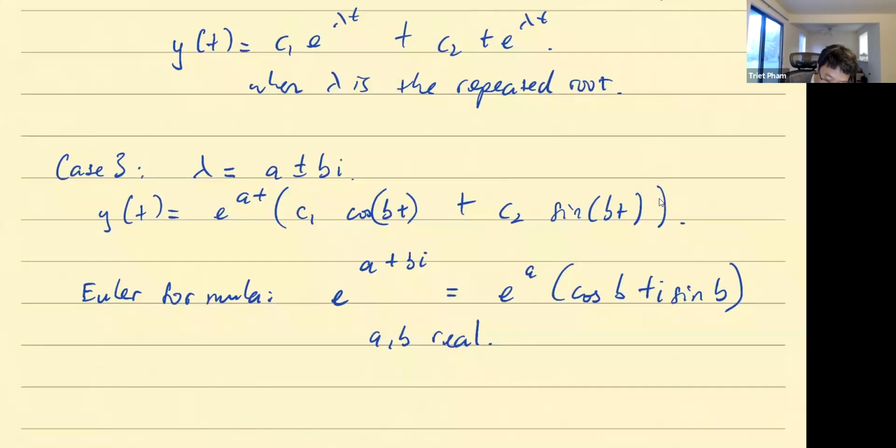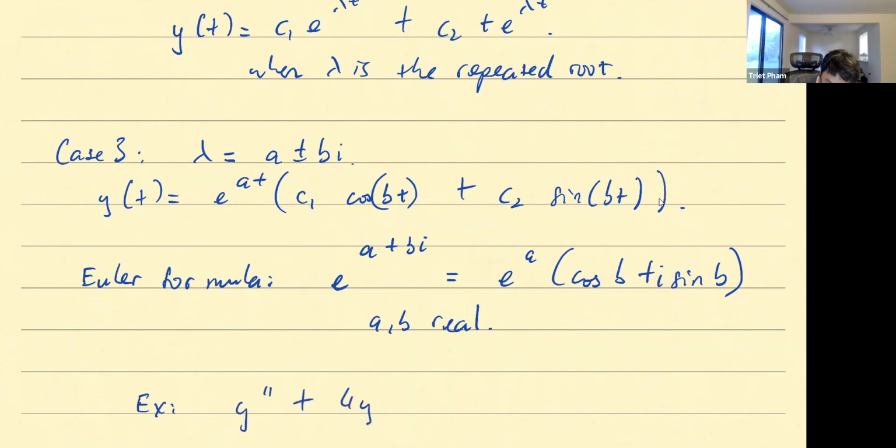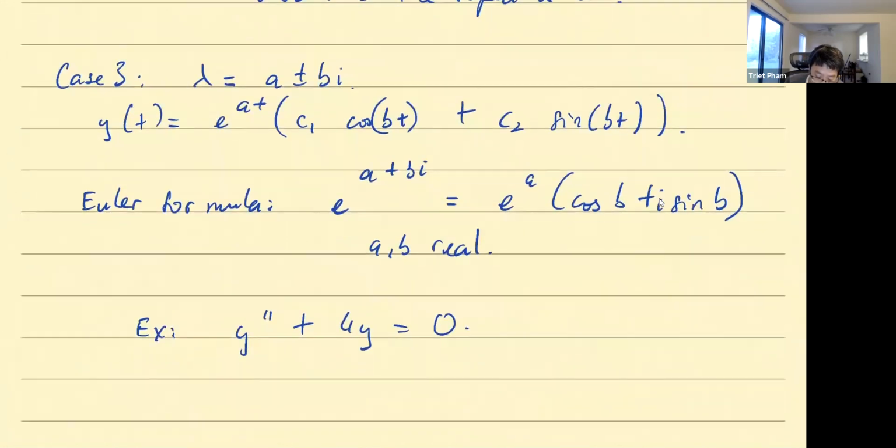First of all, when the roots are complex, then following our guess, the argument goes like this. First, you solve for the root to be complex. Let me give you an example first, to make it easy to follow. Let's look at y double prime plus 4y equals 0.